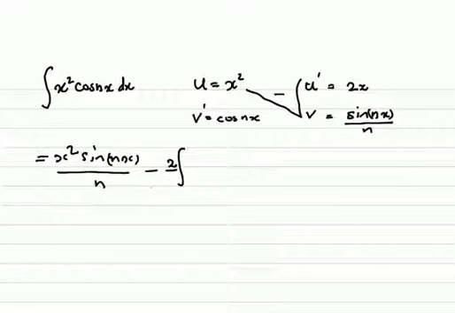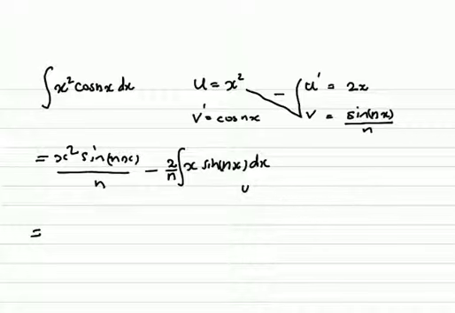Let's immediately take 2 over n outside the integral sign and say x sine nx dx. Which means here we are basically at the initial situation, but the power of x now is 1. So we can repeat the integration by parts.